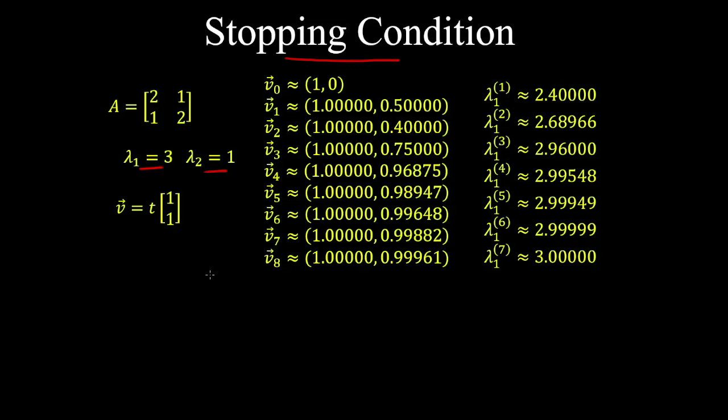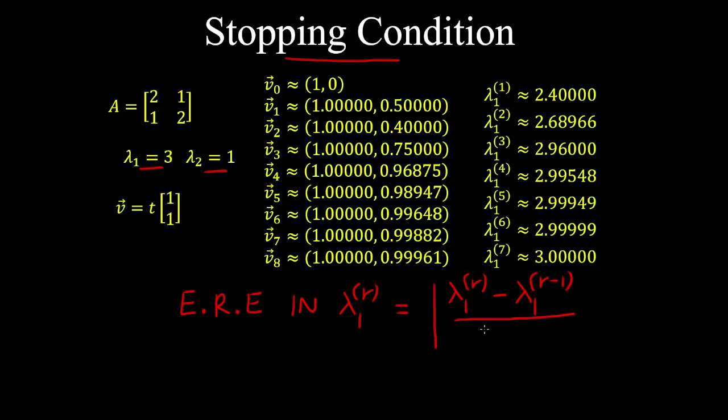So in general, we compute the estimated relative error in the estimate to the dominant eigenvalue computed at iteration r being equal to the absolute value of lambda1 computed at iteration r minus the estimate that was computed in a previous iteration over lambda1r.